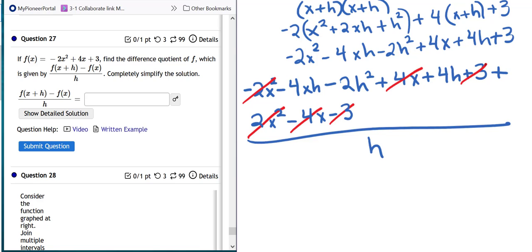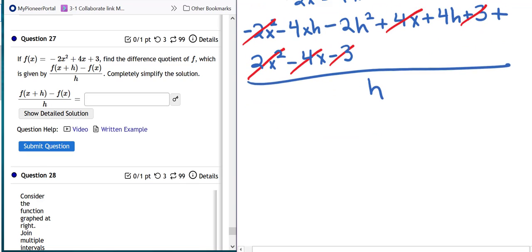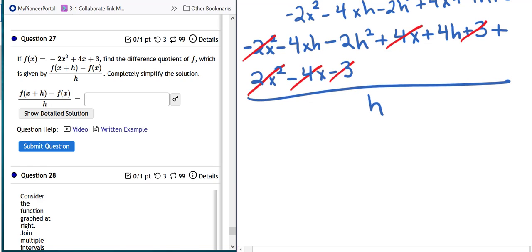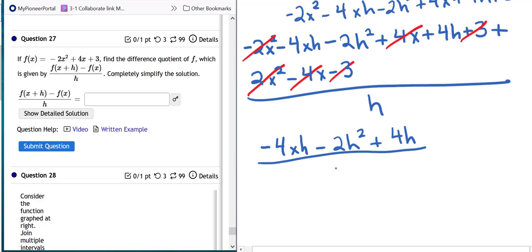So I'm going to rewrite what I have left. So I have negative 4xh minus 2h squared plus 4h all over h.